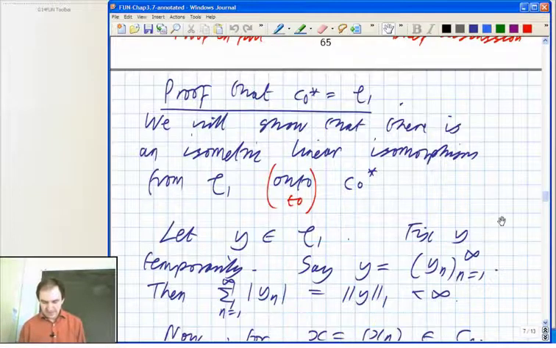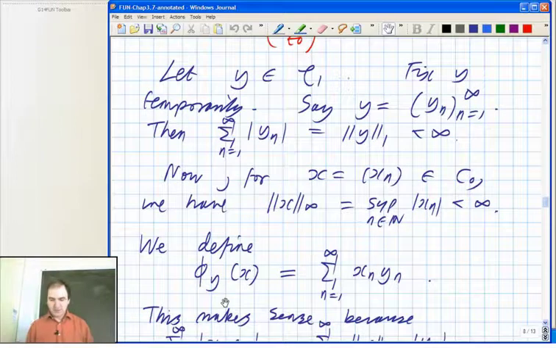So what did we do? We took y in L1, which was y_n, and we used that to define what we called phi sub y, defined by what it did to an element of c0, x equals x_n. It took it to be the sum from n equals 1 to infinity of x_n y_n.